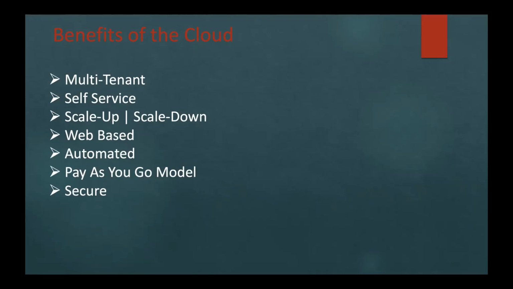Scale up, scale down, it's again a beautiful feature of the cloud. Let's suppose you are developing an application and taking some infrastructure from AWS. When you want to have some infrastructure, you have to do some sizing. What specs you need, how much storage, how much RAM, how much database space do you need, but you are not able to tell the exact number.